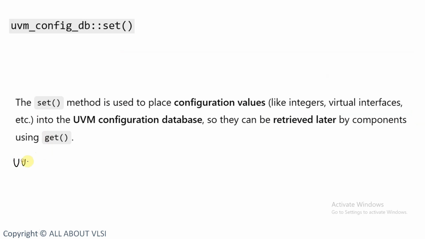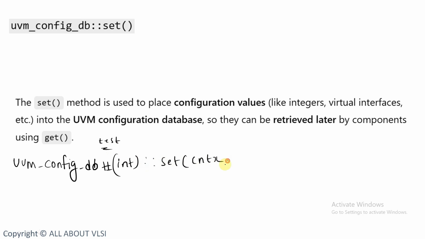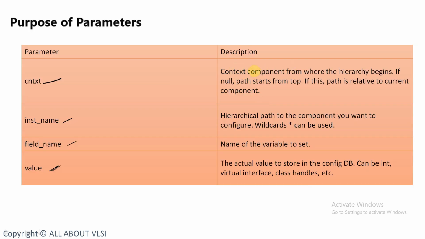UVM config DB hash, let's say this test module is sending some int data type, int scope resolution operator set. The first argument is context. What do we mean by context? Context is the component from where the hierarchy begins. If null, the path starts from top.